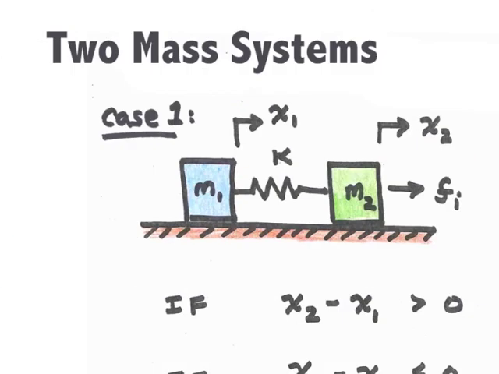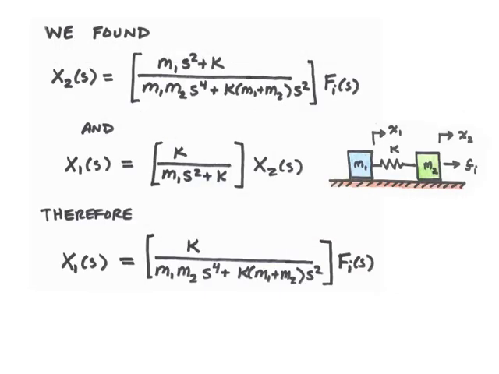We'll now examine the transfer function between the input force Fi and the displacement of mass 1, x1. Recall that we found the transfer function between the input force Fi and the displacement of mass x2.